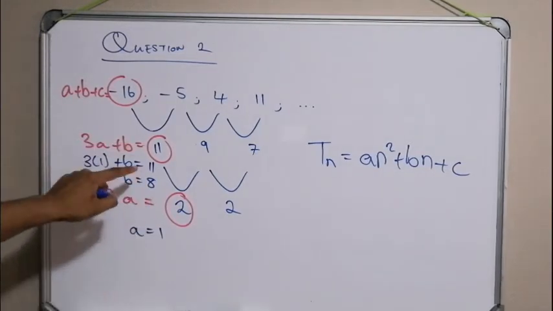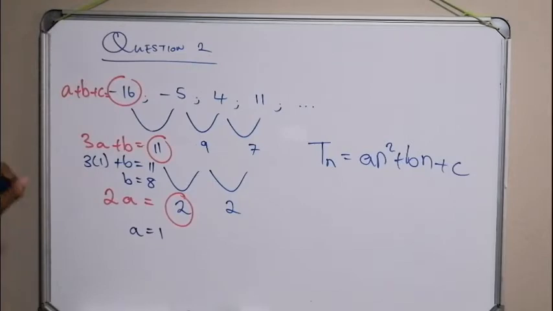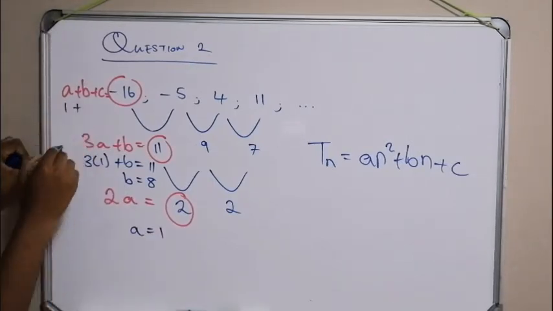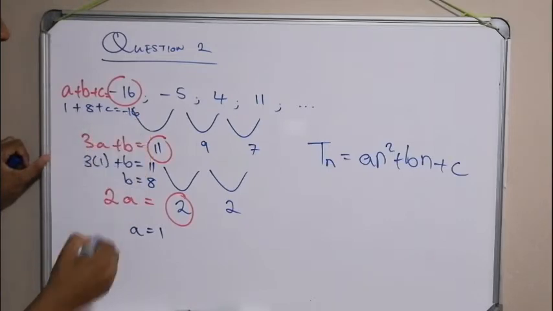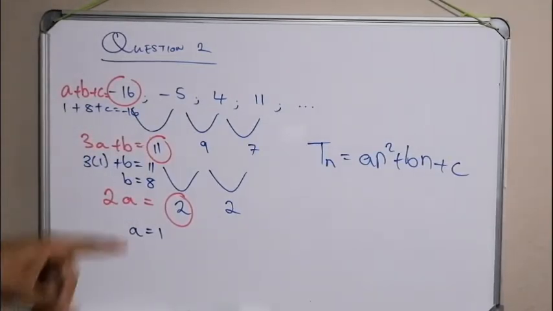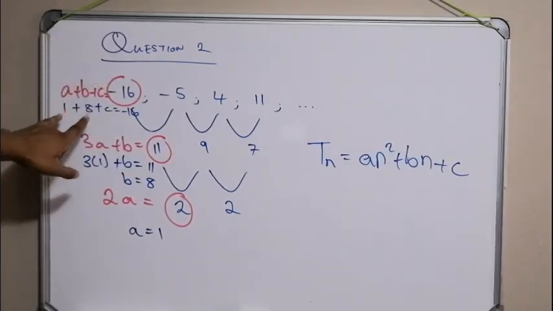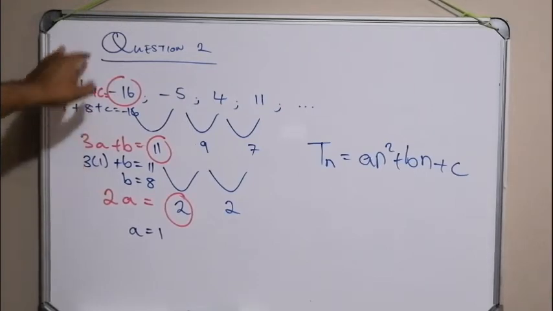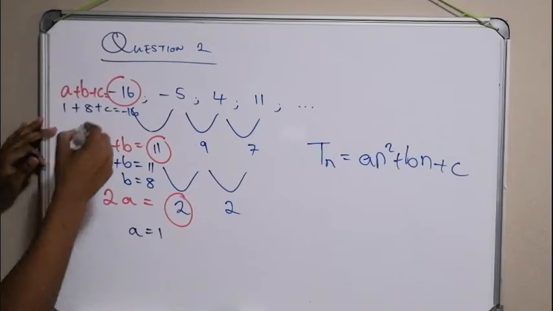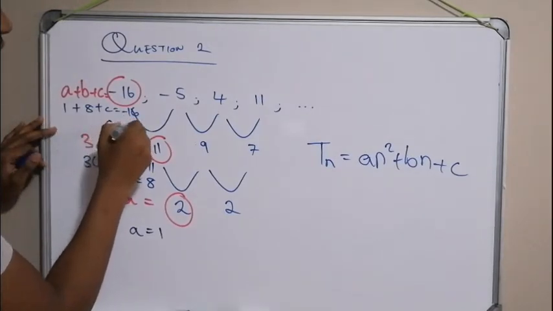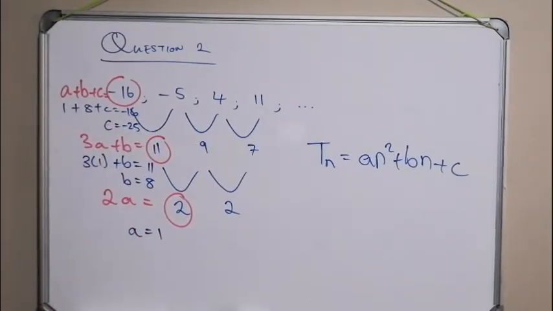So we have 1, we have 8, we need to work out c. So since a is 1 and b is 8, and a plus b plus c is equal to negative 16, I guess we take these two terms across, so that's 9 together. If you take it across, you minus it from the negative 16, and you end up with negative 25.